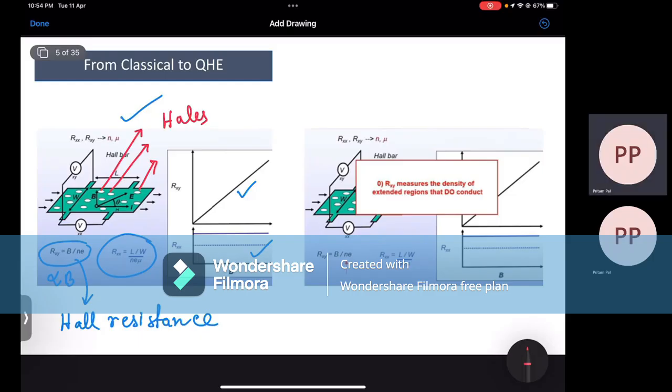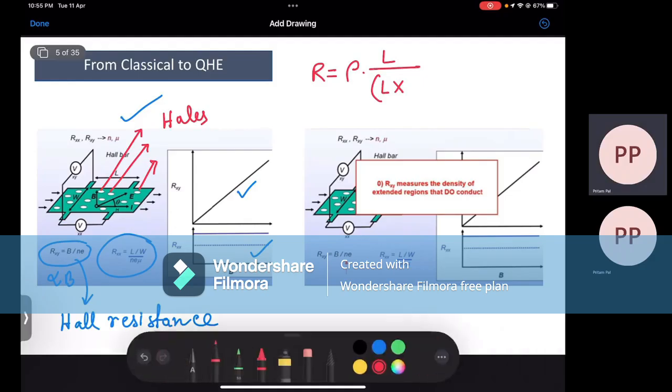This W you can see, right? So if I simply write this: resistivity, and the length of the conductor, divided by the width times, let's say, thickness.